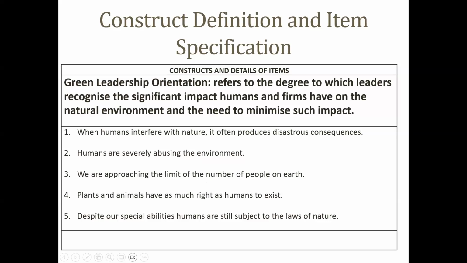The key words here are recognition of impact and the need to minimize it. The first, second and third statements are a recognition of impact. The fourth statement is recognition of the need to minimize impact, and the fifth statement also emphasizes the need to minimize impact.